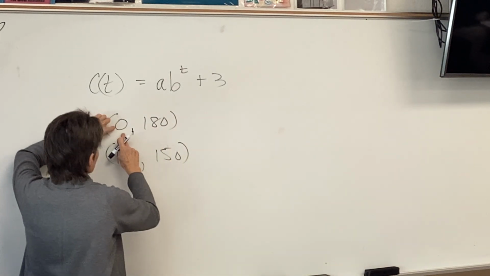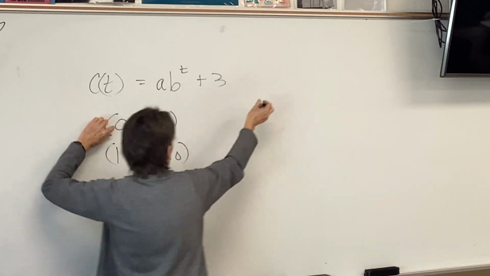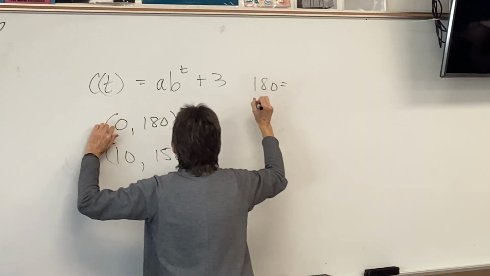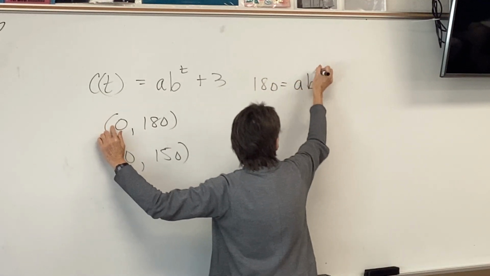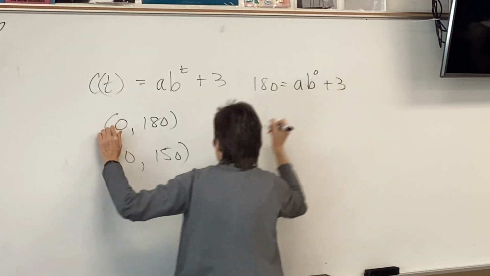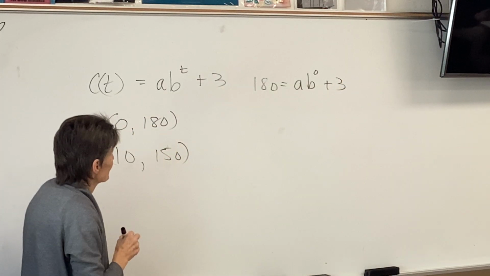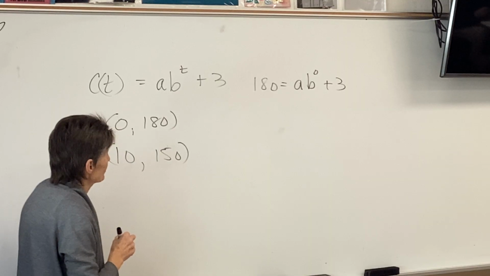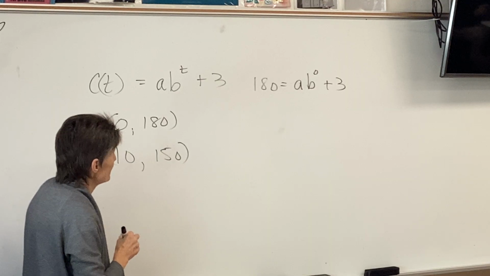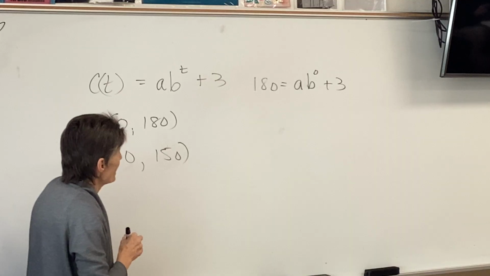If we put a 180 in for our Y and a 0 in for our X, that's the initial. Can you solve that for anything? Yeah, what does that say?